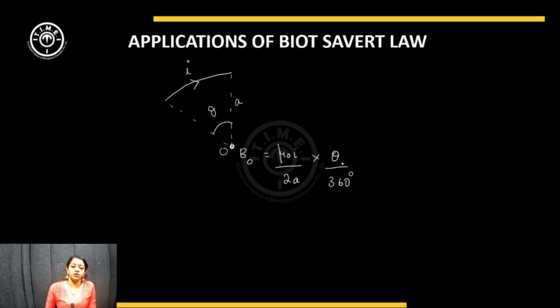So this is also a very important equation regarding a current carrying arc. Okay. And you can see a sector here. The arc is subtending an angle theta at the center of the sector, and this is the equation to find the magnetic field at the center O. Clear?